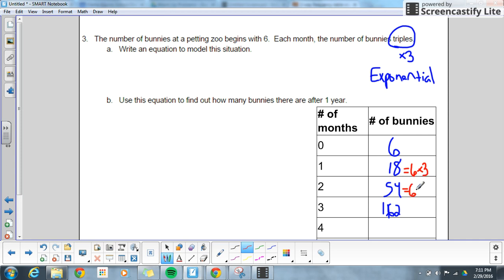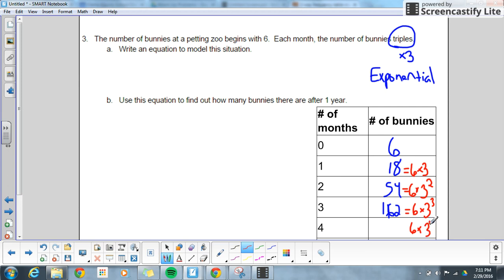So we could write this as 6 times 3 times 3, or 3 squared. We could write 162 as 6 times 3 to the third power, because each time we're multiplying by another 3. All right, so we already know that 4, without knowing the answer, would be 6 times 3 to the fourth.